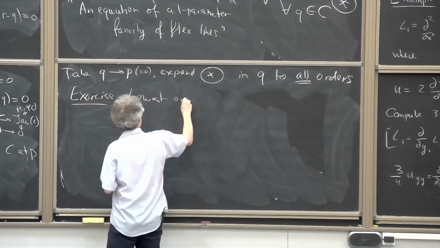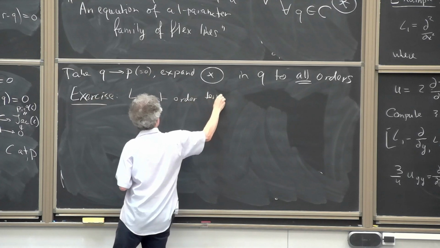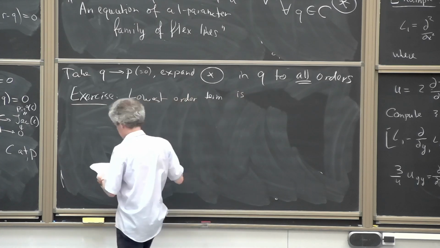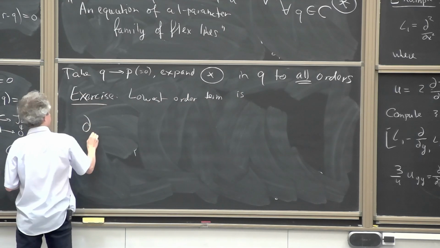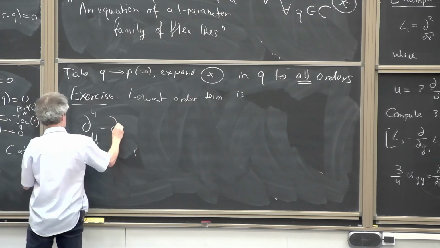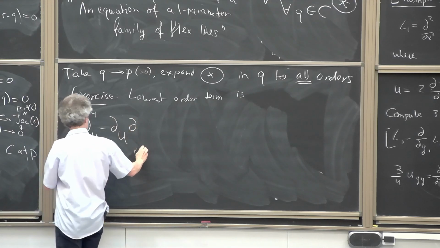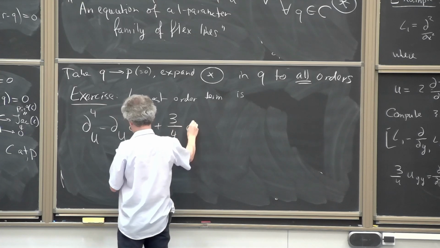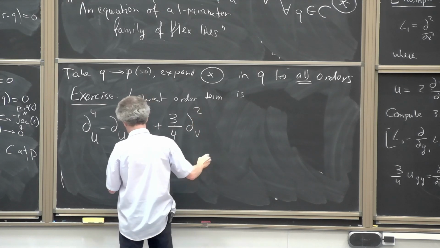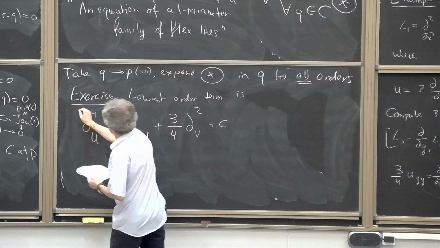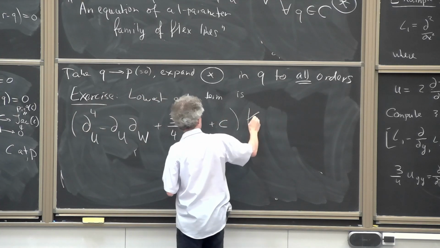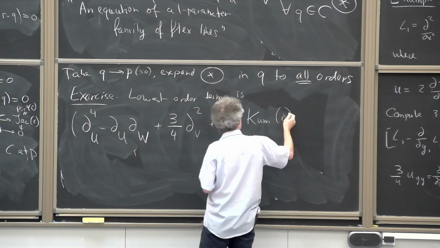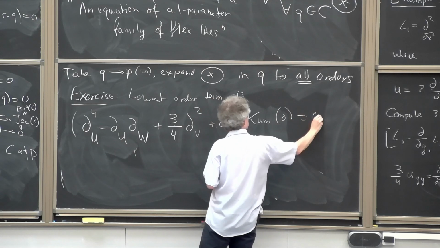Lowest order term is the following. P at 0 is 0. Okay?